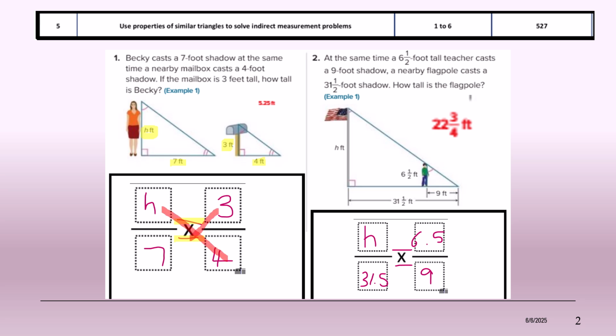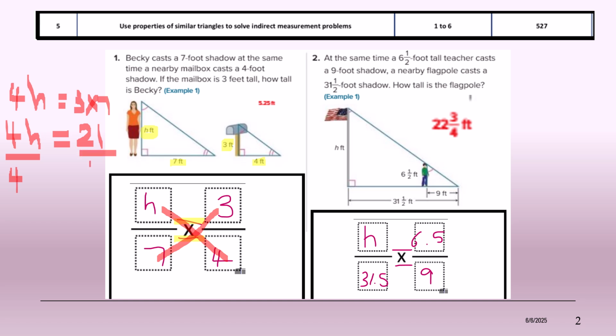Right? So when we cross multiply, we will get 4h is equal to 21. That is 3 times 7, which is 21. So 4h is equal to 21. Therefore, divide by 4 on both sides because we want to eliminate the 4.